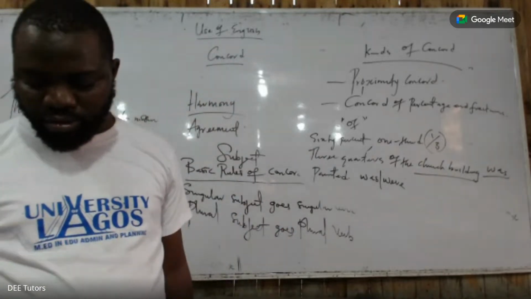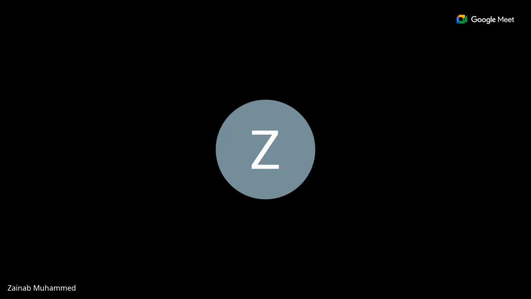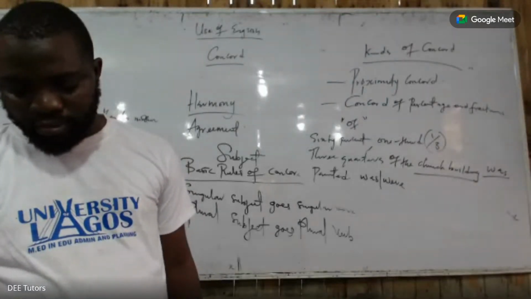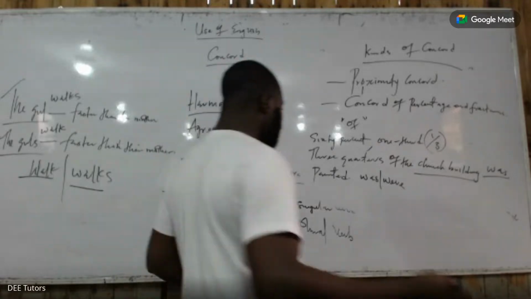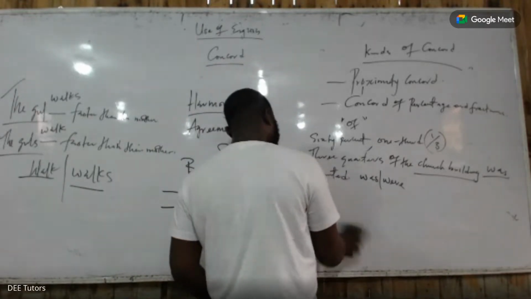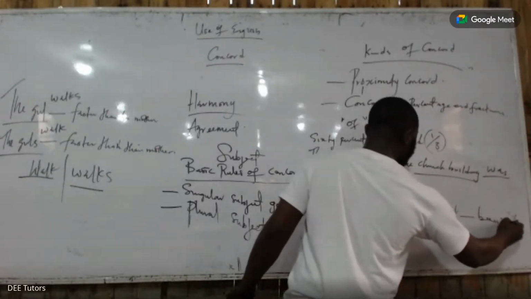So let me see a smart student. Write this question down. 3/4 of the hostel that has been painted. 3/4 of the hostel that was painted.